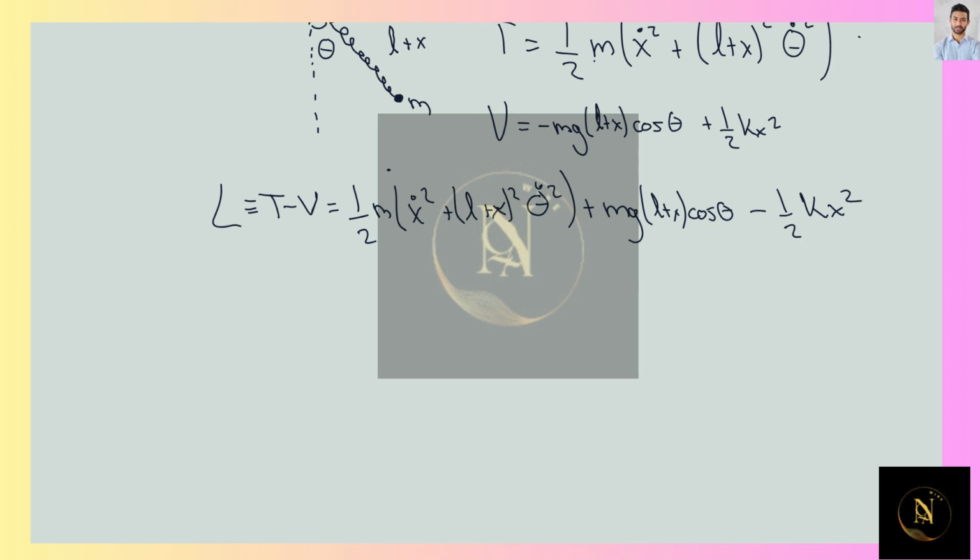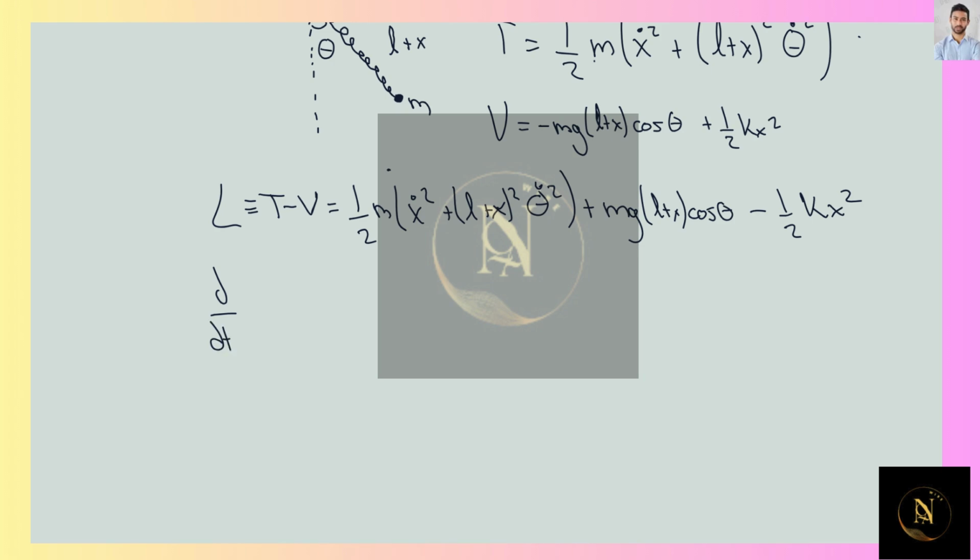Next up, we need to identify the fact that this Lagrangian depends on two different variables. So my Euler-Lagrange equations are going to depend on x dot and on theta dot, so I'm going to have two different sets of equations.